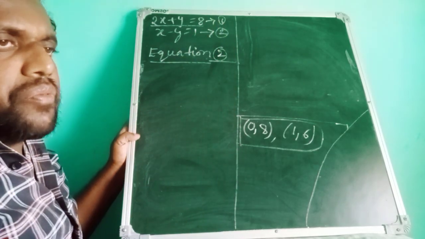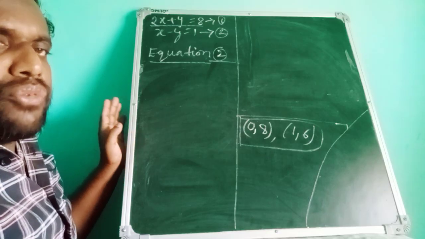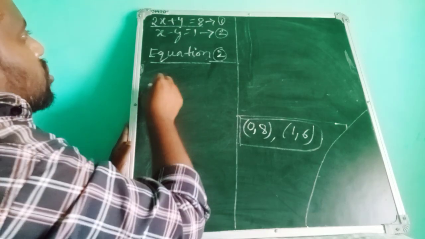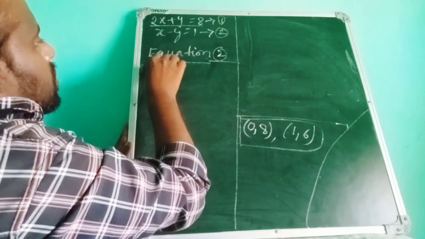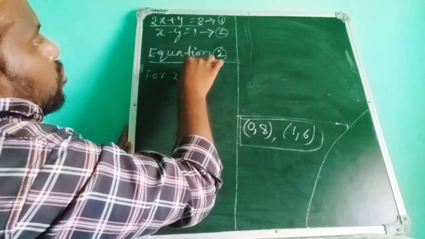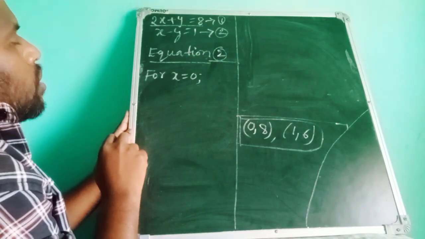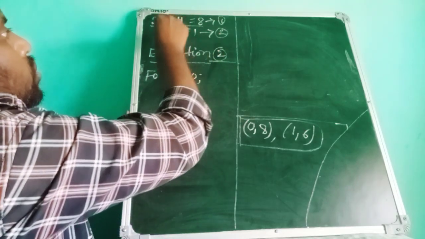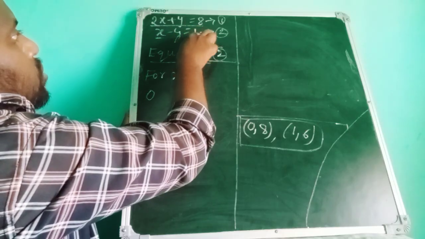Similar to equation 1, take some random value for x and find the corresponding y value. First I will take x is equal to 0 only. For x is equal to 0, y is what? Now substitute this x is equal to 0 in equation 2. So in place of x, 0 minus y is equal to 1.